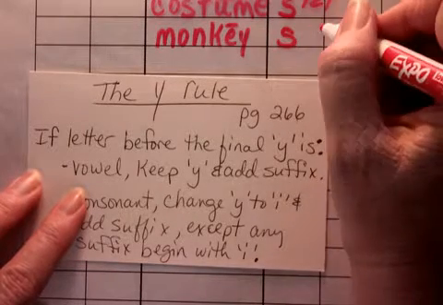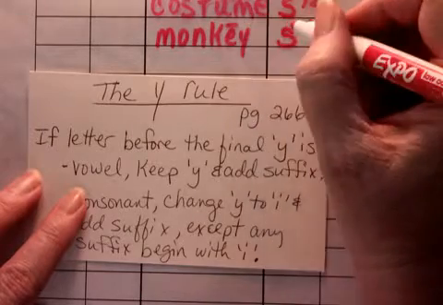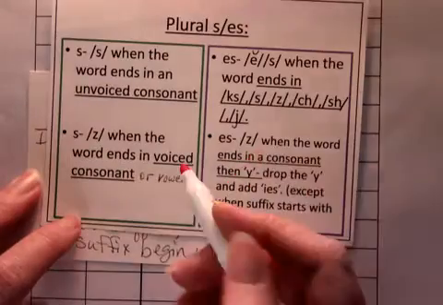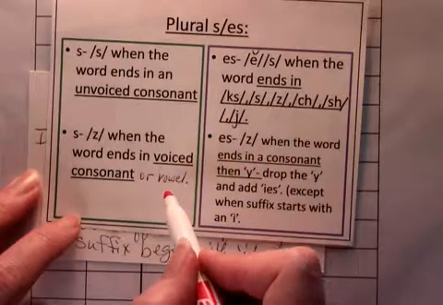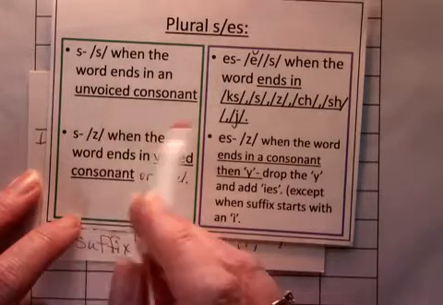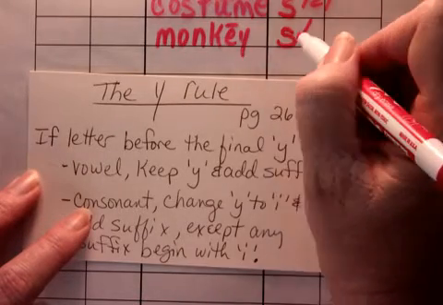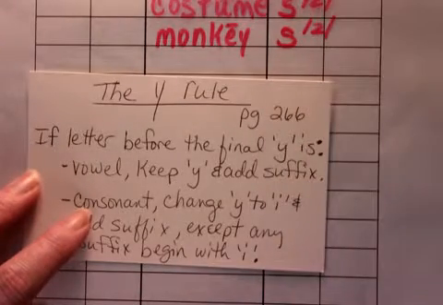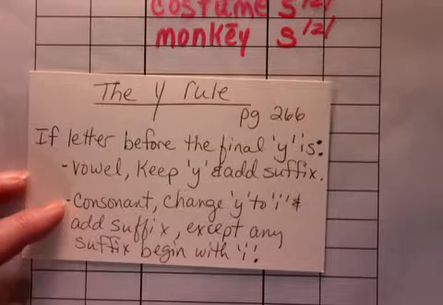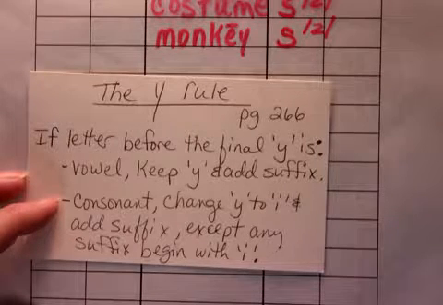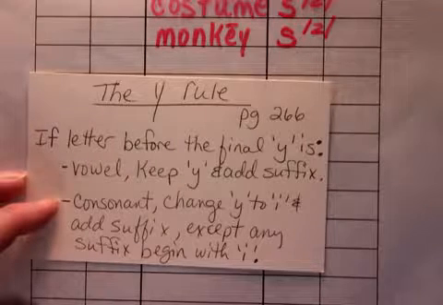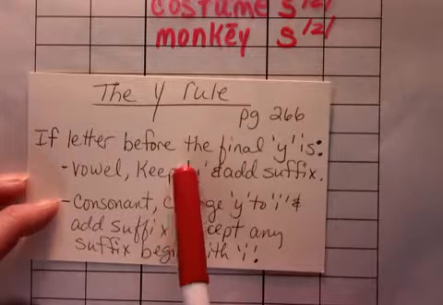And because it's a Y and it's a long E sound, the long E sound is a vowel, and we have a vowel sound. We add S, and it says the Z sound. Monkey, Z. So you see why you need to know both of these cards. We need to know when it says S, when it says Z, and when we add the ES and it says ES, and then we need to know about the vowels.